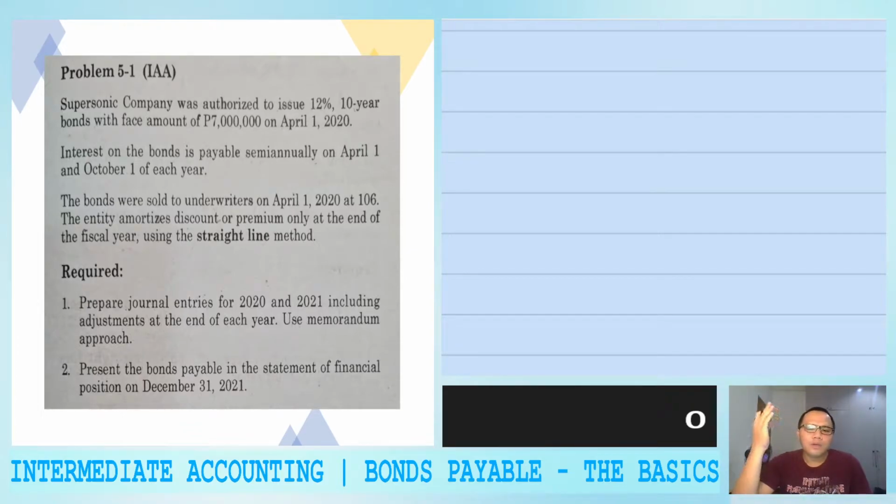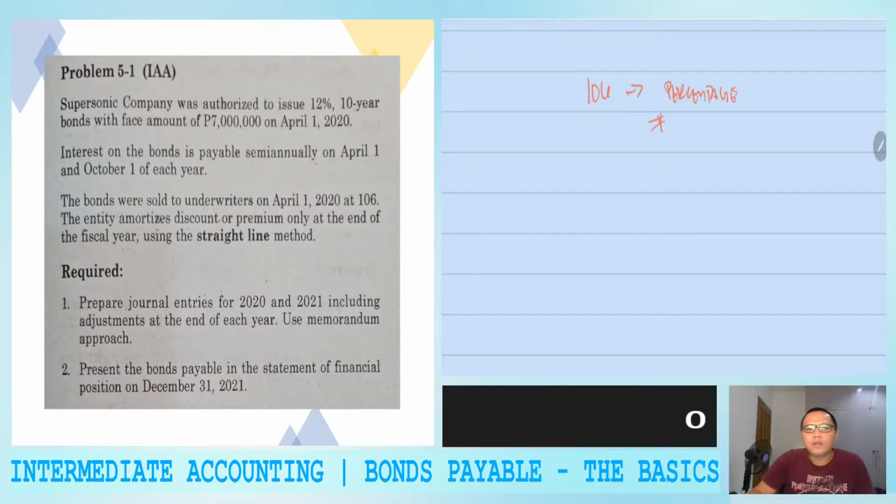So the authorization was done on April 1 and at the same time, it was also sold at 106. The first thing that we need to know, when we talk about bonds, if you are given a price like in this example, 106, this means percentage, correct?